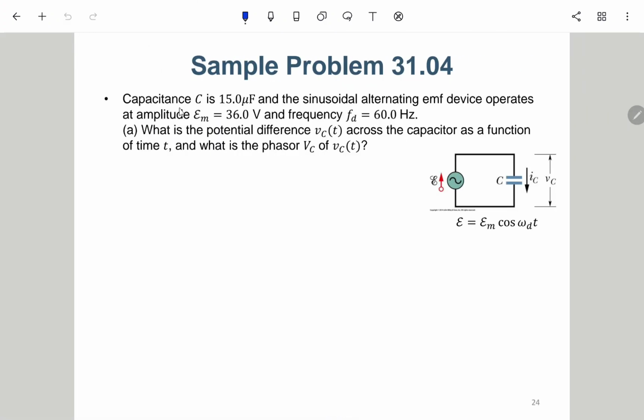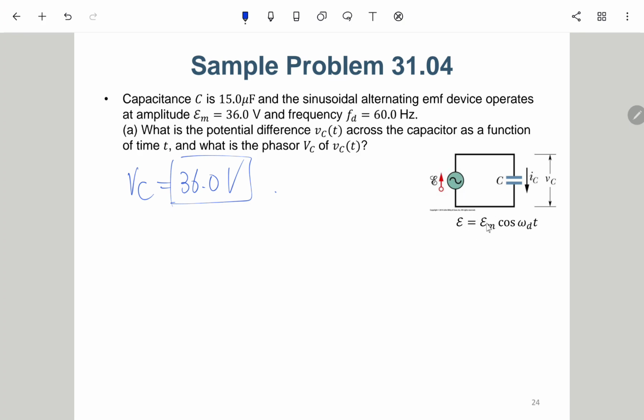The next one, we change the resistor to a capacitor. It also asks the same thing: what is VC of t, and what is the phasor VC? VC is 36.0 volt, nothing special. It is just the same as this EM.